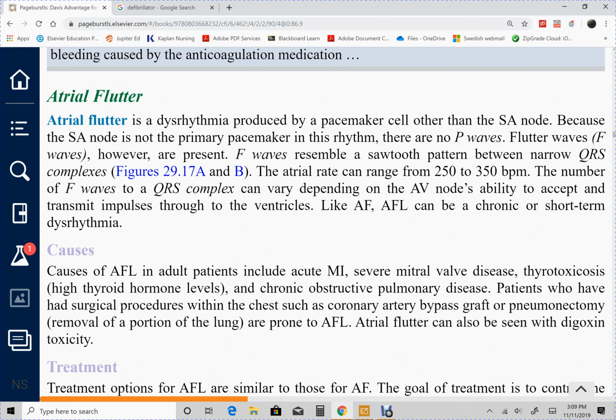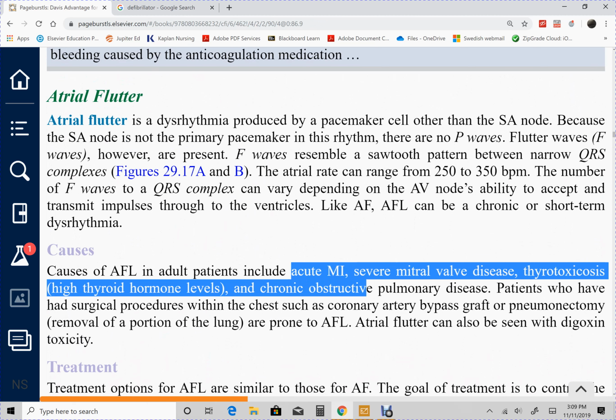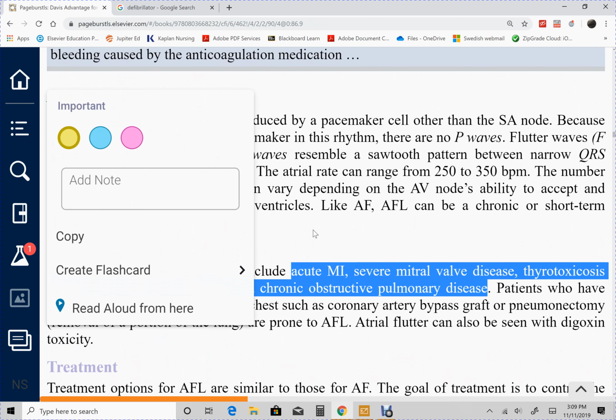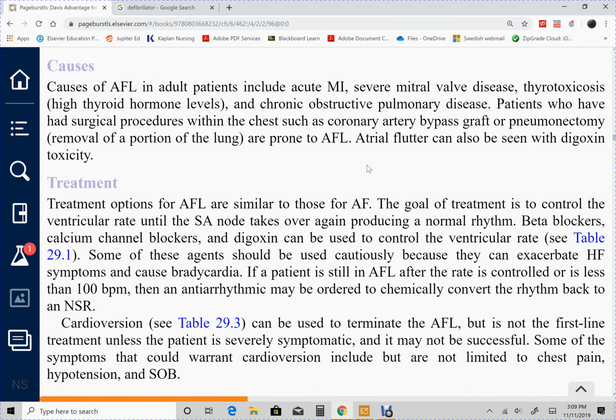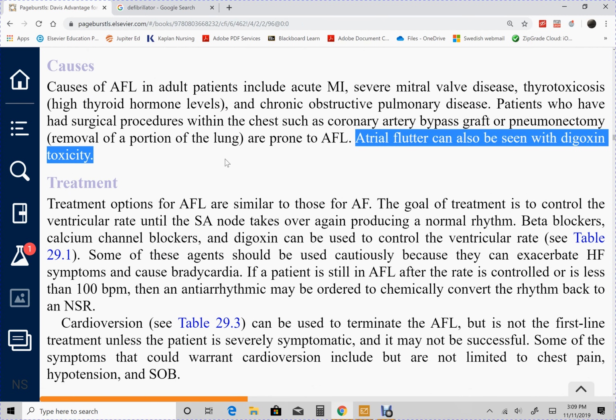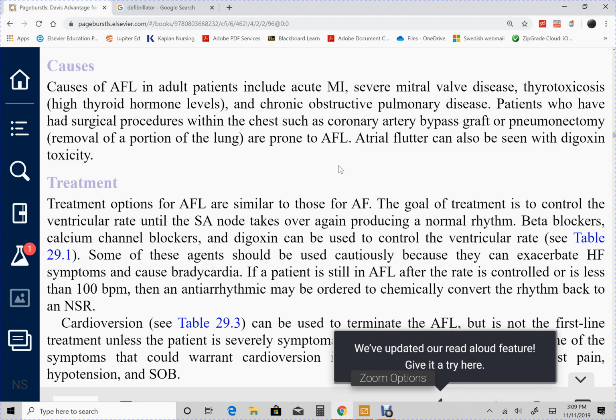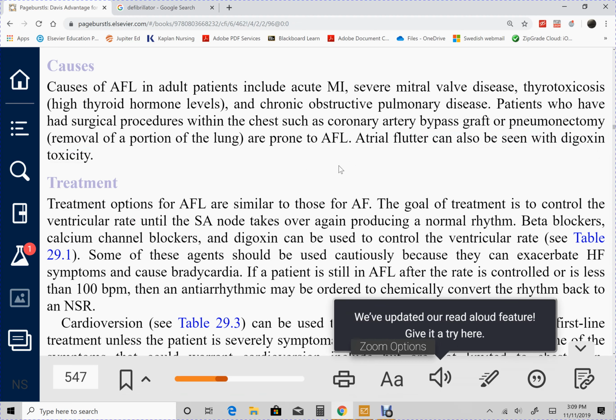These are your causes. It can occur after an MI, or valve disease, COPD, or hyperthyroidism. And it can also be caused by digoxin. This will be one of the many dysrhythmias attributed to digoxin.